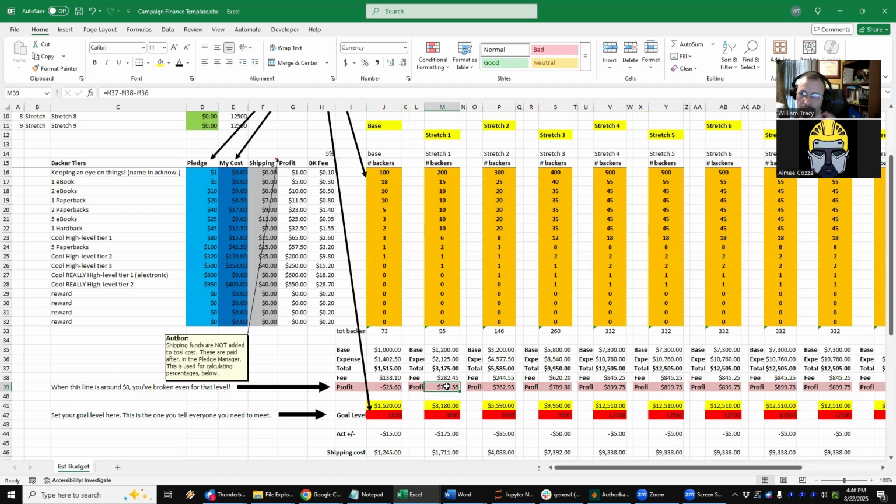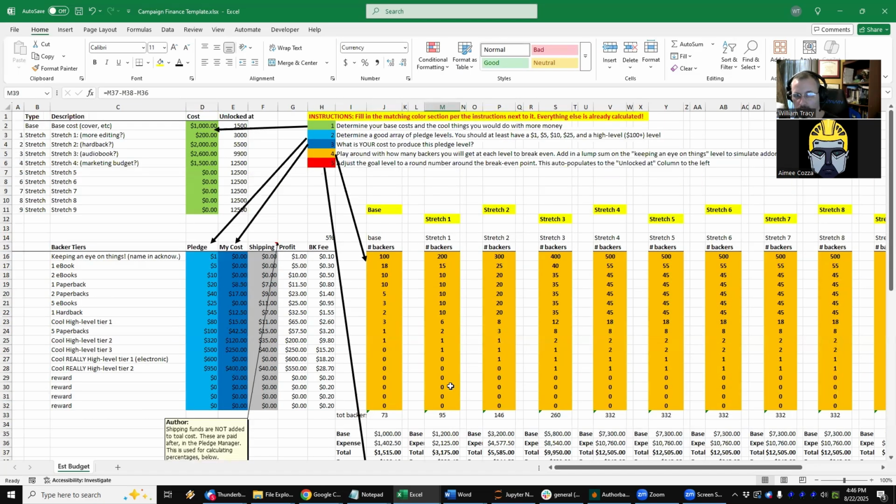So you don't need to add as many backers in between the two. That also means your unlocking stretch goal is going to be a lot closer. So depending on what you want to do with it, if you have larger spaces, that's an opportunity for you to make a little money on your campaign before you hit another stretch goal.